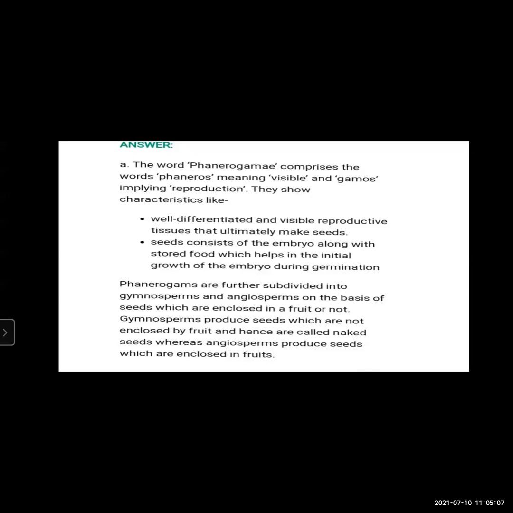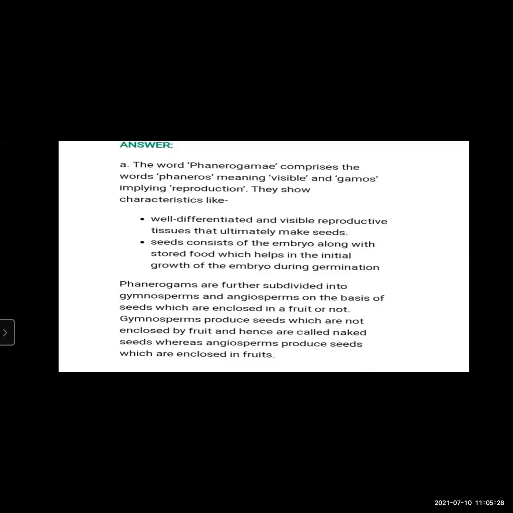And always in science, you should write the answer point-wise. This is what is suggested. If you want to score good marks, you should write the answer point-wise, and also you should underline the important words so that the examiner easily gets whatever was required, and you get full marks.